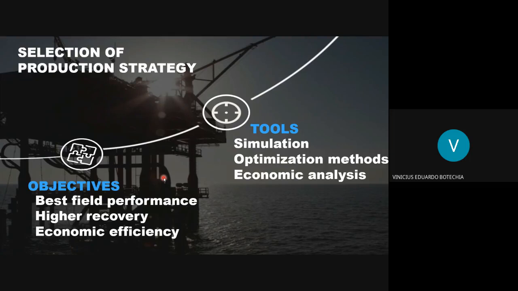But in general, we try to achieve the highest recovery with the best possible economic efficiency. And there are several tools to do that, such as simulation, optimization methods, economic analysis, and all these tools can be combined and used to achieve these goals when we talk about the selection of production strategy.